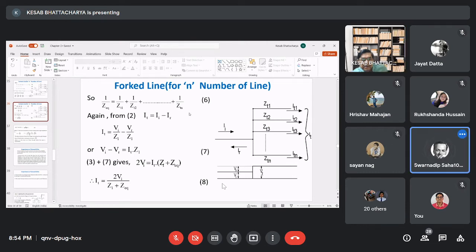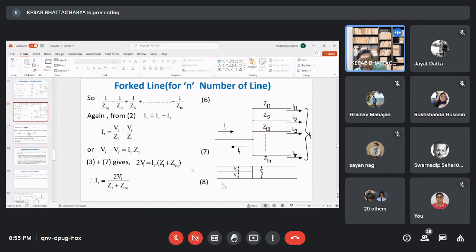Again from 2, IT is equal to II minus IR. And IT is equal to this. II can be replaced by VI by Z1 and IR can be replaced by VR by Z1. Therefore, we can write VI minus VR is equal to IT into Z1.